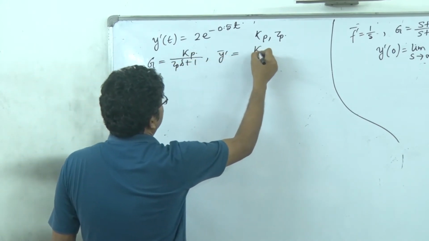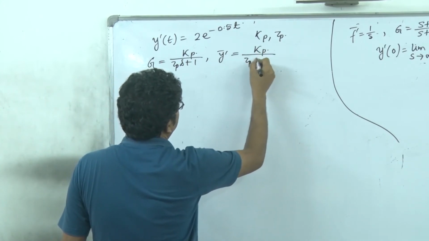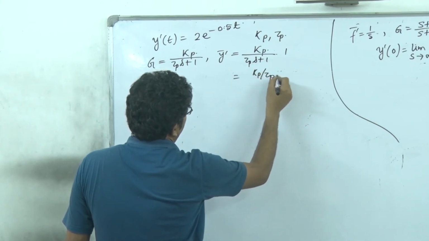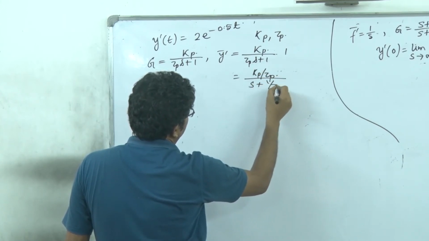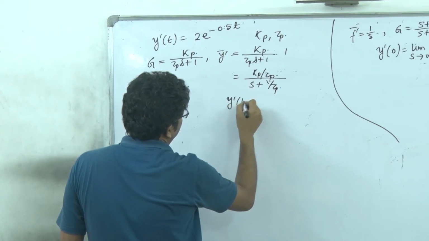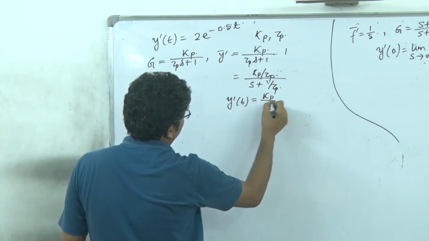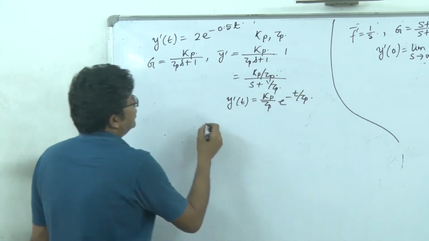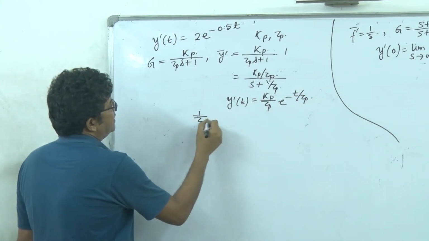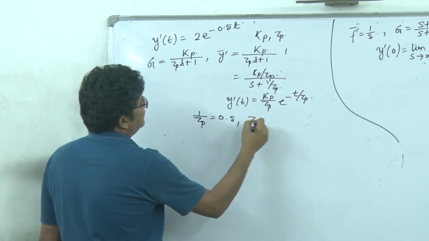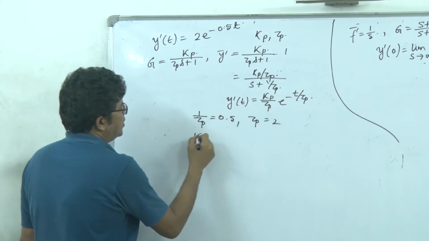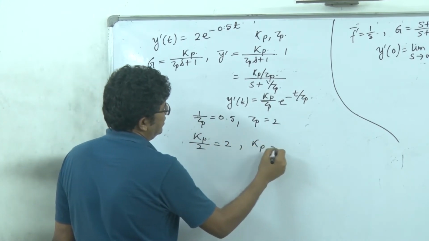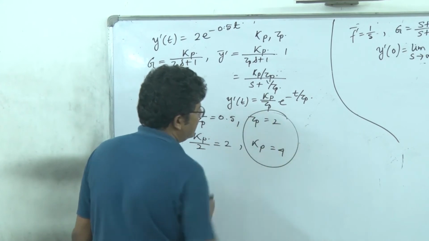So y prime bar will be Kp divided by tau p s plus 1 into 1, so Kp by tau p into 1 by s plus 1 by tau p. So upon Laplace inverse we get Kp by tau p into e to the power minus t by tau p. So it's obvious that 1 by tau p is equal to 0.5, then tau p is equal to 2 and Kp divided by 2 is equal to 2, so Kp is equal to 4. So this is the answer.